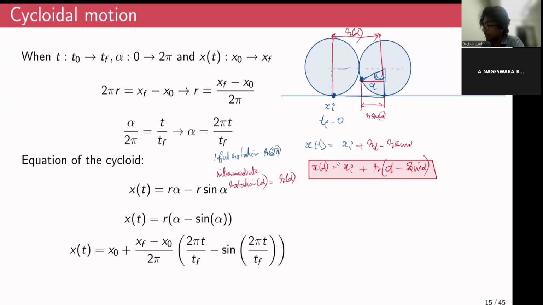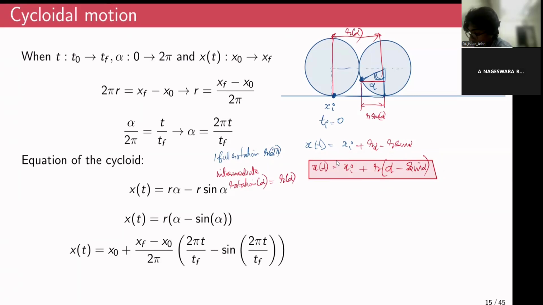We have expressed everything only in terms of alpha. So how do we map this alpha, or this rotation parameter, with respect to time? That we have to think.